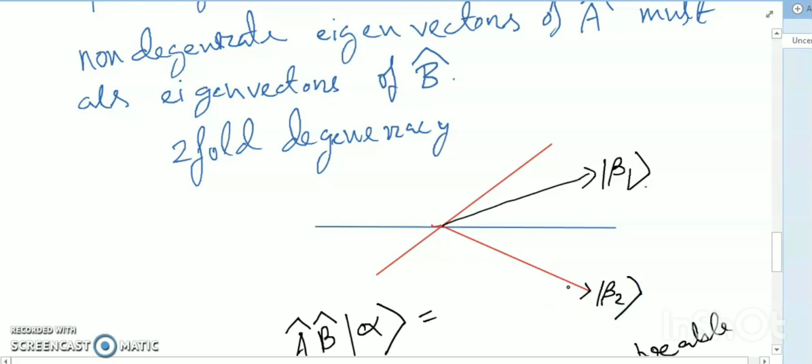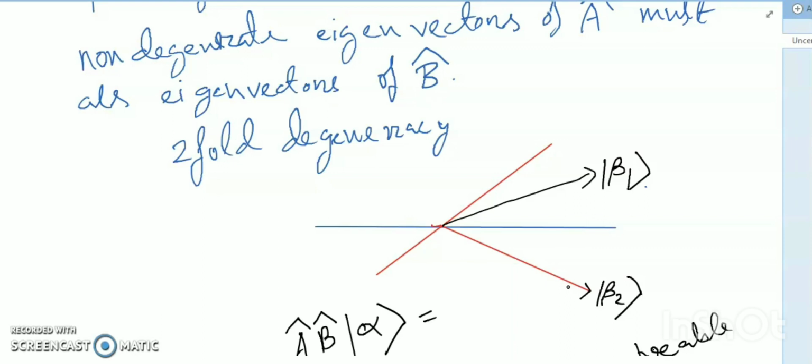Since these beta eigenvectors lie inside the eigenspace of A, they must also be eigenvectors of A. Hence, we have found eigenvectors in the degenerate eigenspace that are eigenvectors of both A and B. So A and B share eigenvectors even in the degenerate case.